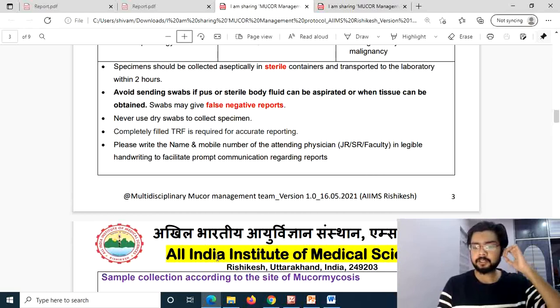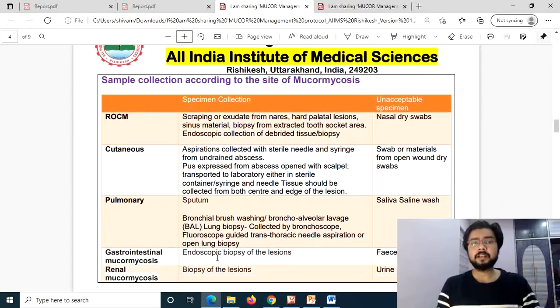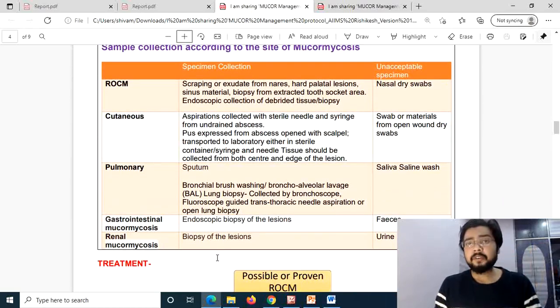Another thing is regarding where you are going to collect the specimen. Depending upon the disease, what type of mucormycosis it is, you will collect the specimen.